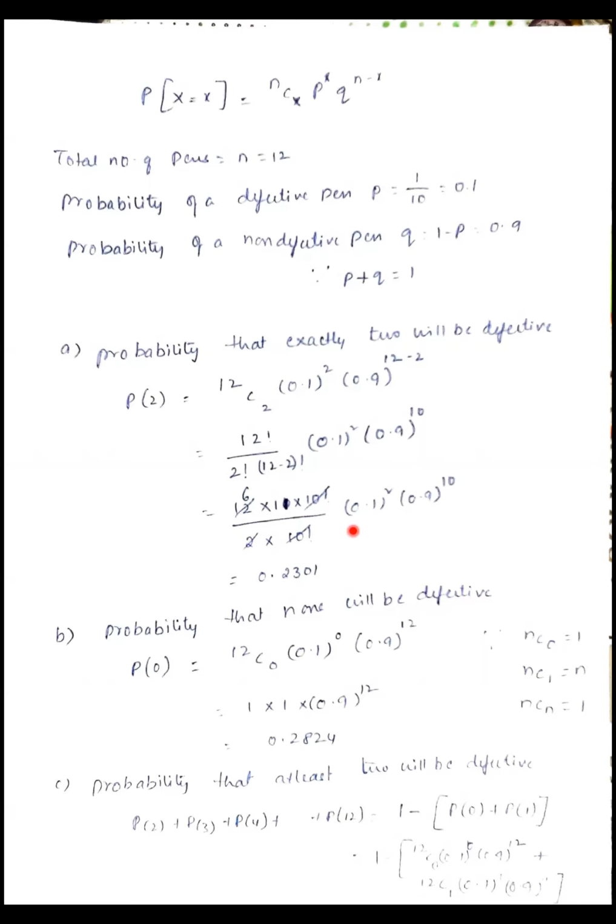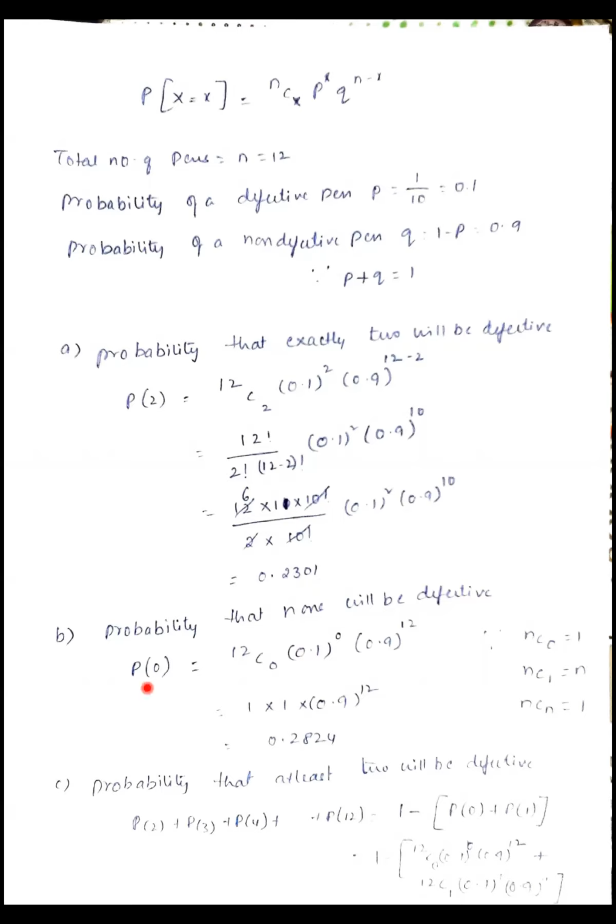So finally you can calculate these values with a scientific calculator. You will get 0.2301. The probability that exactly 2 will be defective is 0.2301.